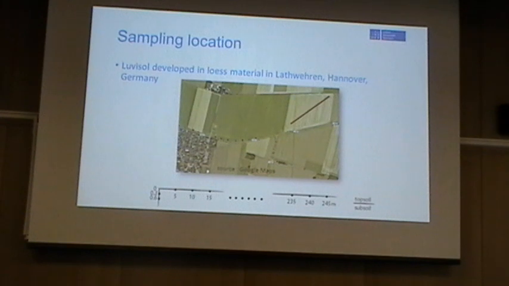For each horizon, 15 samples were taken from a 250 meter transect at every 5 meter intervals. And you can also see the position, which is marked as the red line in the map.